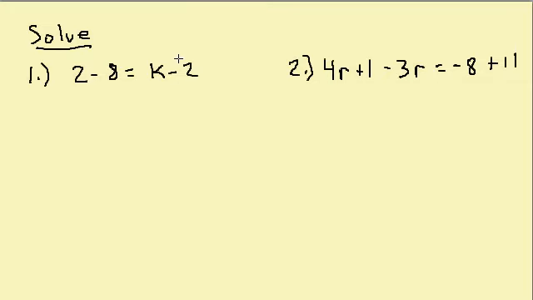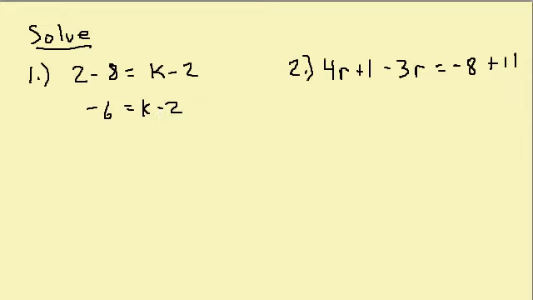Now remember, we want a variable equals a number. First thing we want to do is combine all like terms on both sides. Over here we have 2 minus 8. So 2 minus 8 is negative 6, and that equals k minus 2. Now we need to get rid of the minus 2.